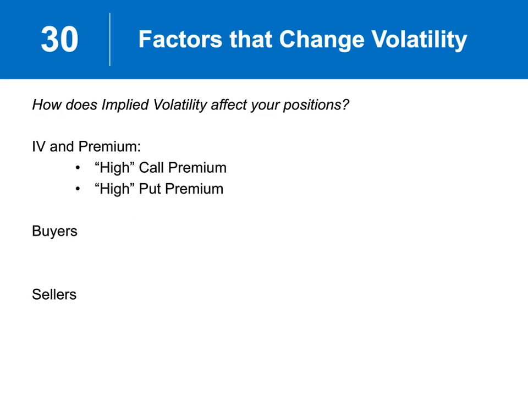Is it high, relatively speaking, for call premium? Or is it high, relatively speaking, for put premium? Well, we can kind of gauge this with implied volatility. And this lets us know what buyers and what sellers kind of think about current prices or even the future.